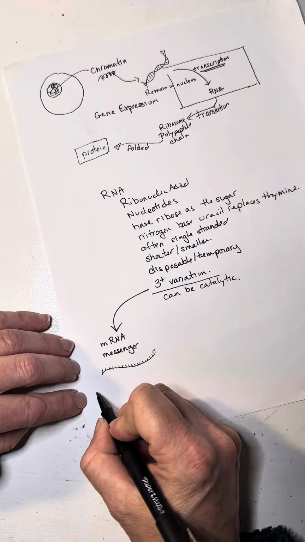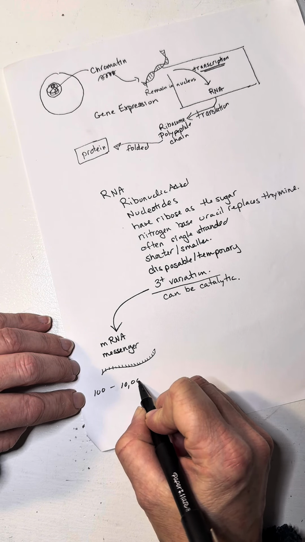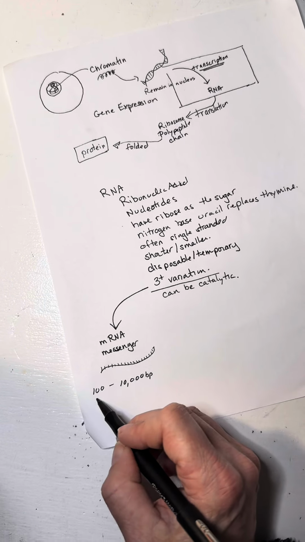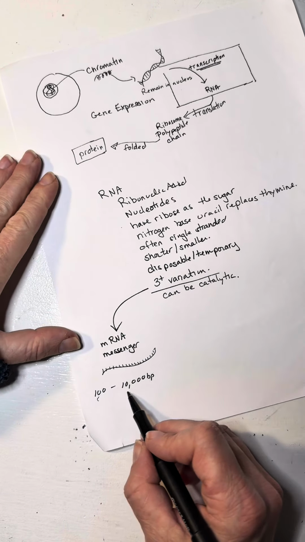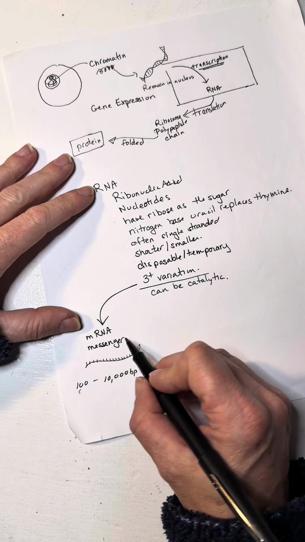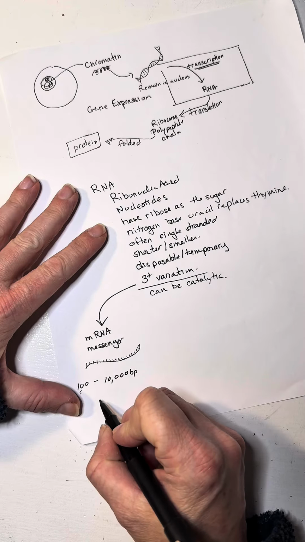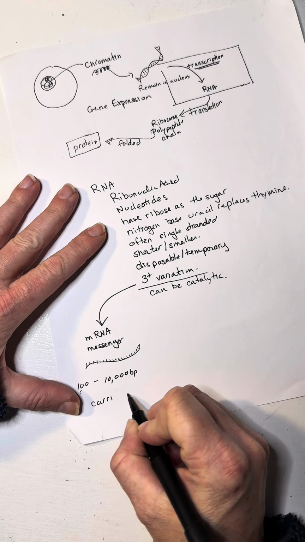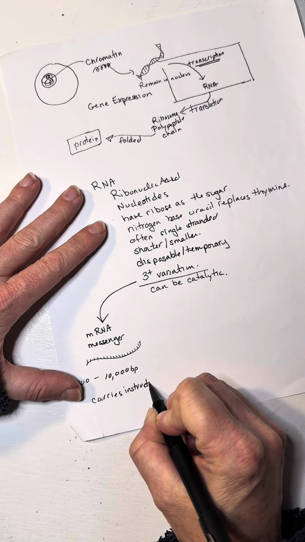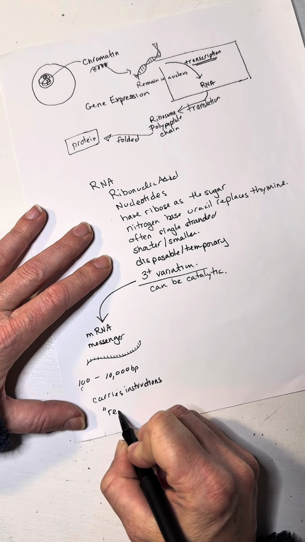Messenger RNA can be anywhere from 100 to 10,000 bases long, and most of the time you're going to find something in the middle. 100 is pretty small, and 10,000 is really large, like our dystrophin proteins. Our messenger RNA carries the instructions for making a protein or a polypeptide chain. We're going to say it's kind of like the recipe.